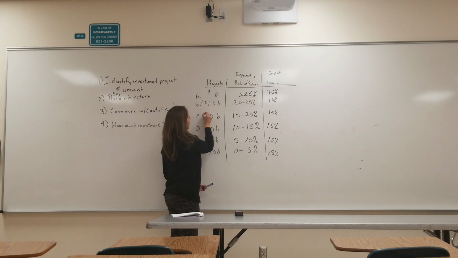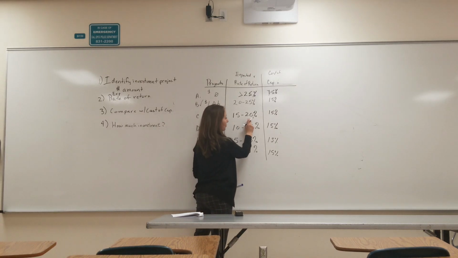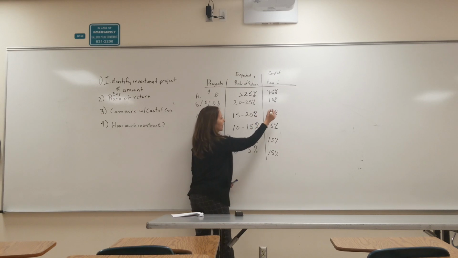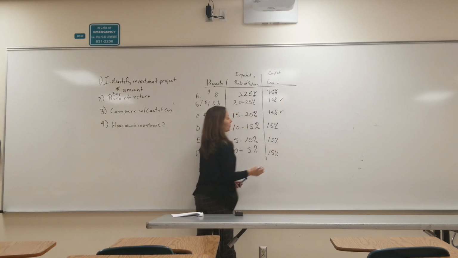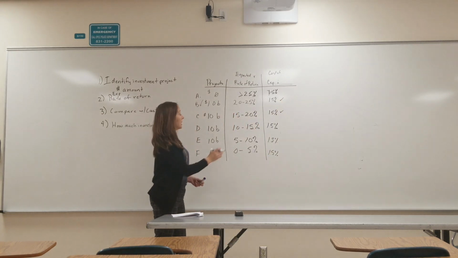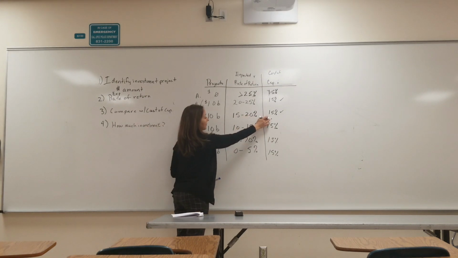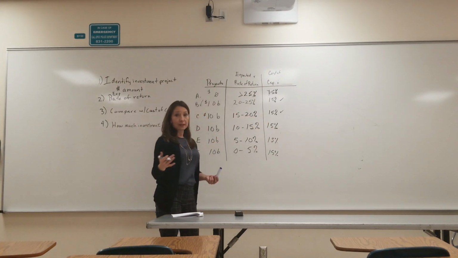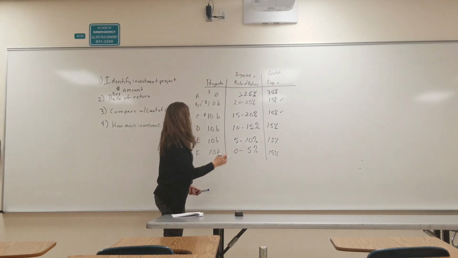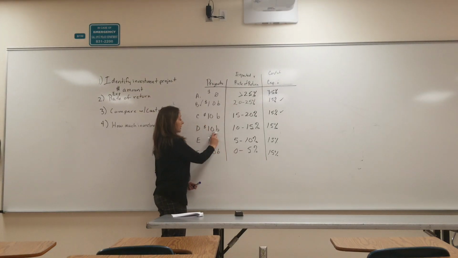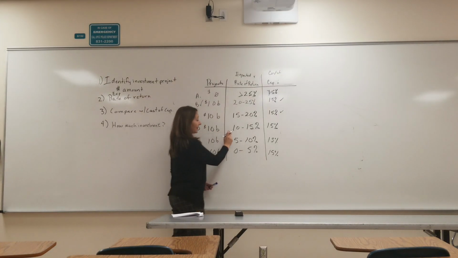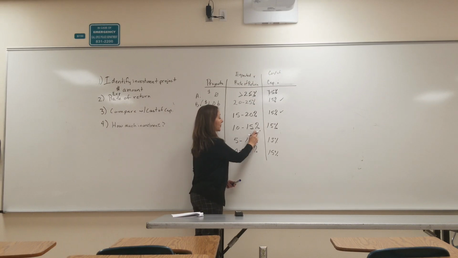We go down to the next level of projects. Another $10 billion worth of projects yielding 15 to 20%. Yes, we want to do this one and this one. Those are good projects for us. 15 to 20 minus 15%, we're going to be getting at least a 5% return. There's another group of projects that cost us $10 billion, and they're going to yield 10 to 15%.